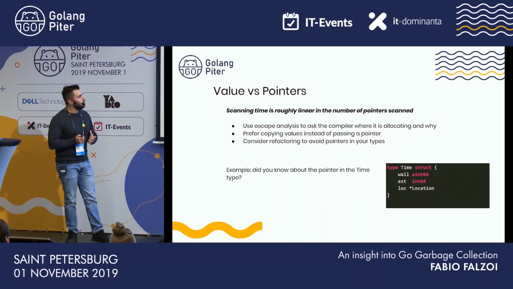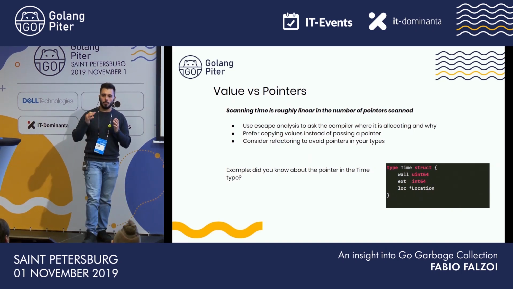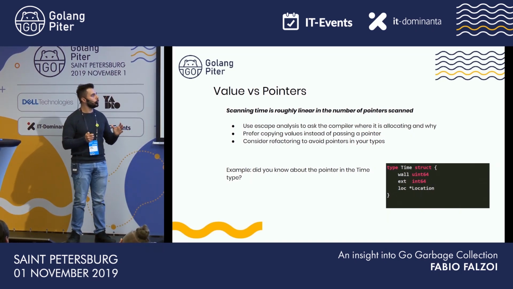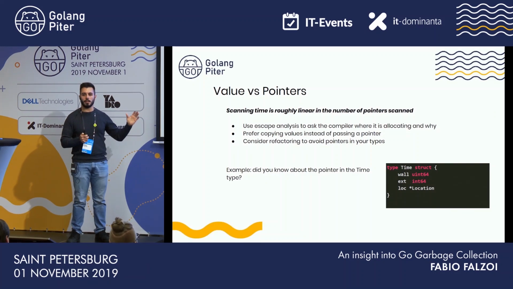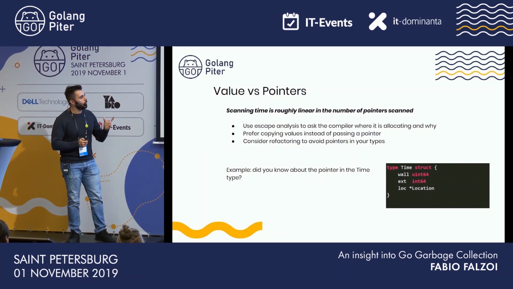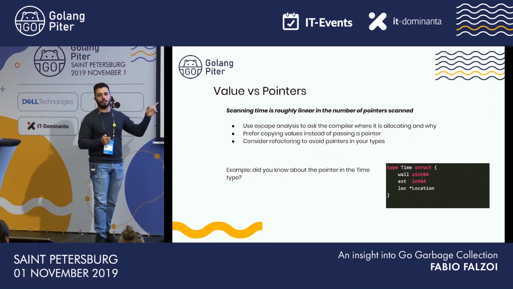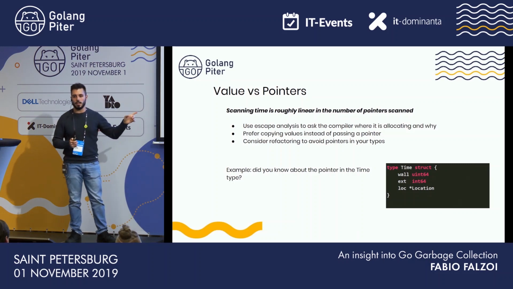If you can, you should try to refactor your types in your performance critical path to avoid pointers and try to benchmark the results. As an example, the time struct has a pointer inside for localization.